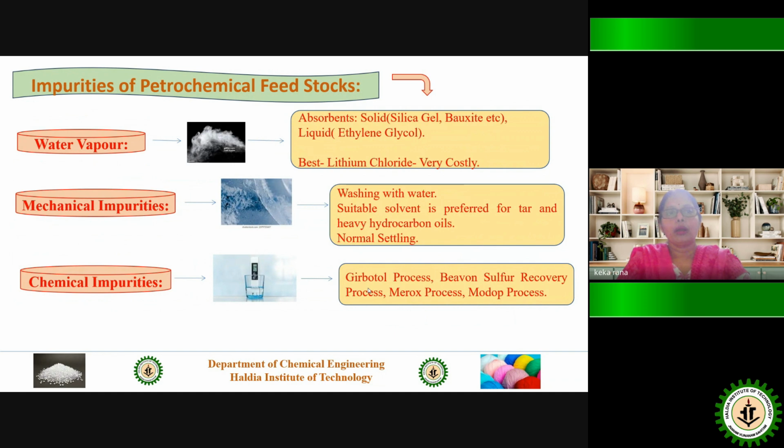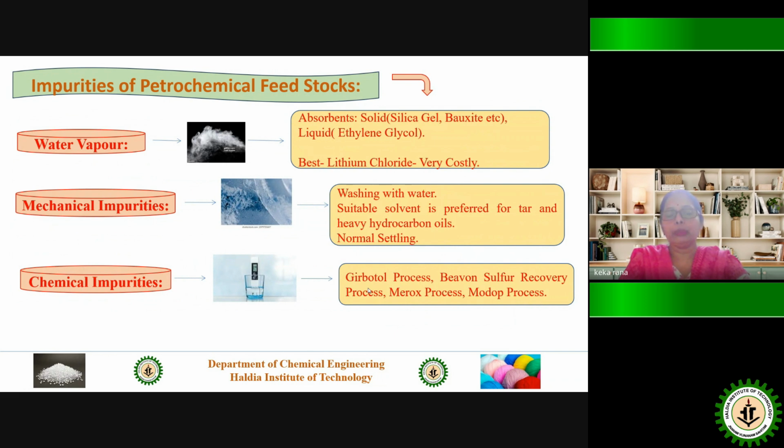Now we have to think about the impurities in petrochemical feedstock. From where does impurity actually come? Depending upon their orientation, creation, and place, each petrochemical feedstock may contain different impurities like water vapor, mechanical impurity, and chemical impurity.